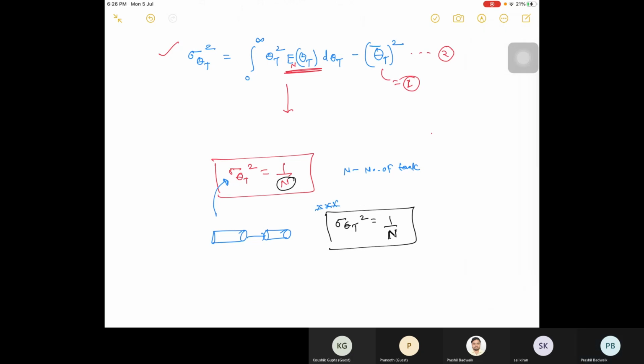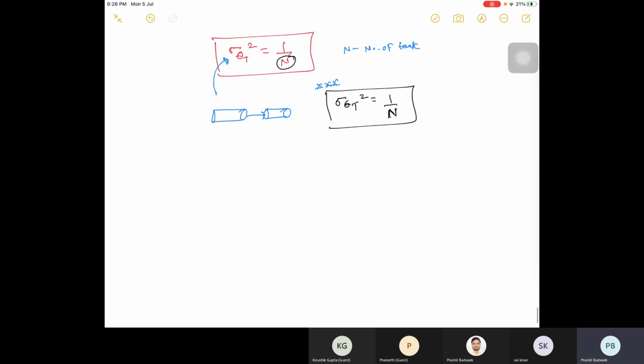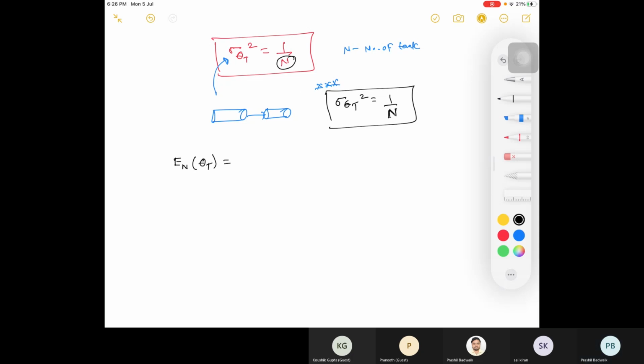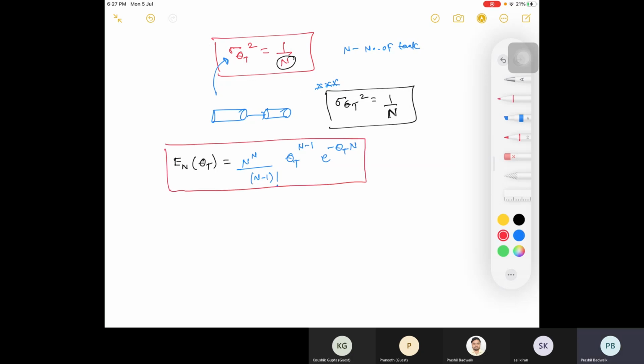Now, what is your equation of E n theta t? Anyone? We wrote it earlier. I'm writing n to the power n, over n minus 1 factorial, theta t to the power n minus 1, e to the power minus n theta t. Is it correct?